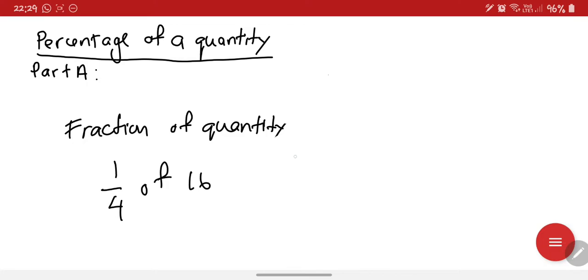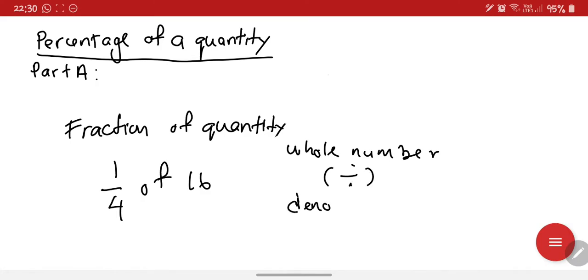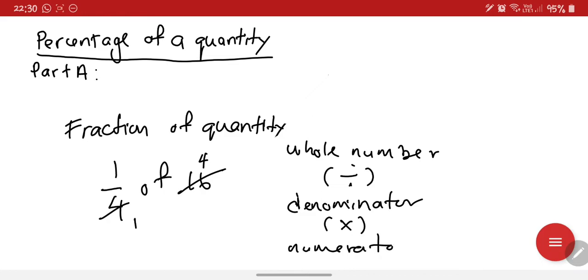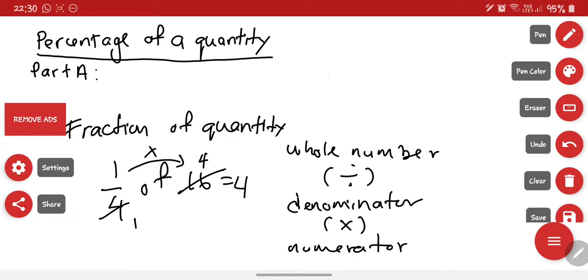The working is: the whole number, which is 16, you divide by the denominator, which is 16 divided by 4, then you multiply the numerator, so 1 times 4 is 4. So that is your answer. The same rule will apply to questions for percentage of a quantity. It will be applied the same way.